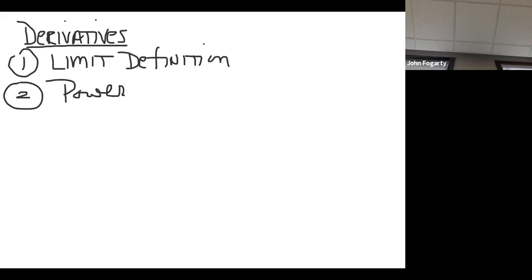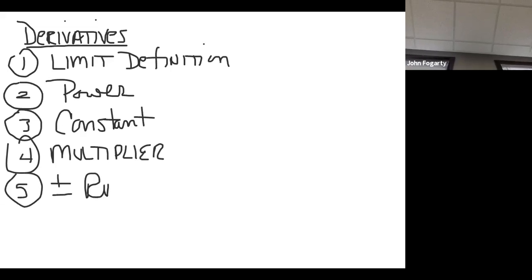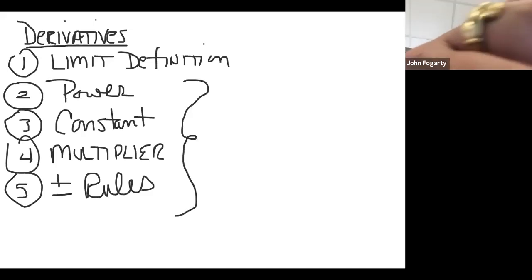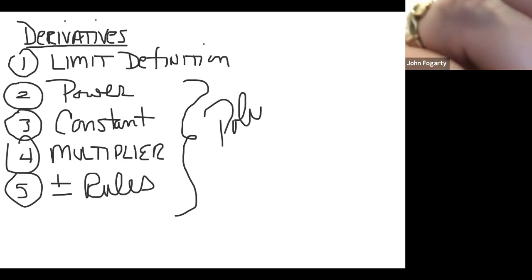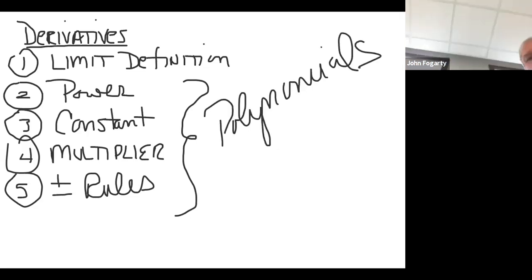We introduced the power rule, the constant rule, the multiplier rule, and the sum difference rule. And what all of these rules do for us is they make it really easy to find the derivative of polynomials. Does that make sense?